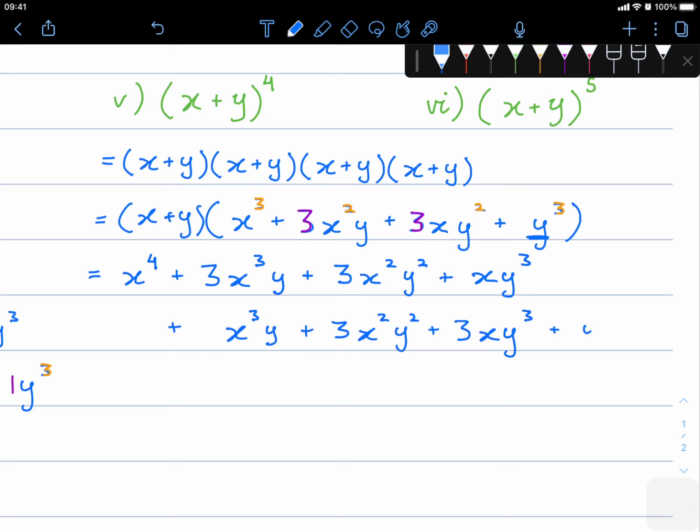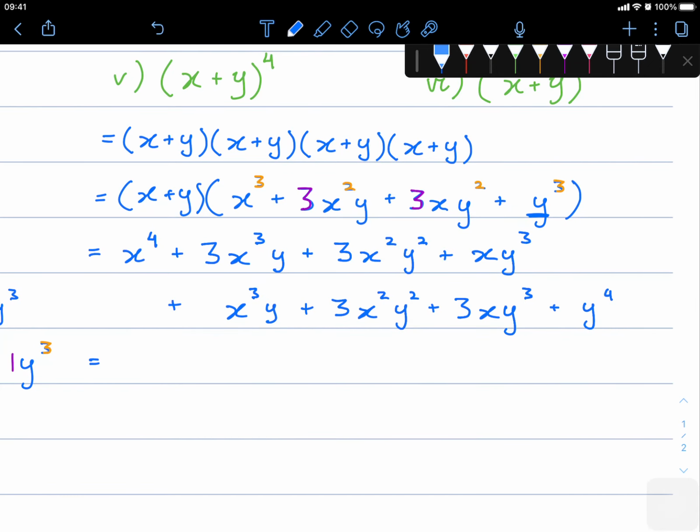That just becomes y to the power of 4. Collecting like terms, x to the power of 4 plus nothing is x to the 4. 3x cubed y plus 1x cubed y, that becomes 4x cubed y, plus 3 plus 3, these are already like terms, that becomes 6x squared y squared.